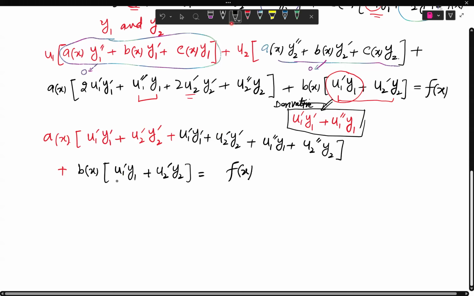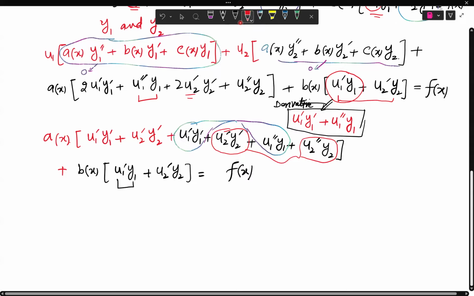So I can notice that the derivative of u1' y1 is within these two terms. If this term is collected with this term, then they constitute the derivative of u1' y1, and similarly this term u2' y2' and this term u2'' y2 are the derivative of u2' y2. So we can write these four terms as the derivative of the component which is with b(x).